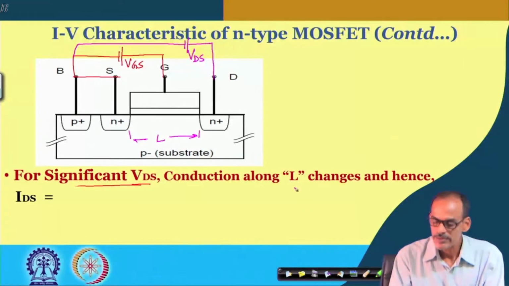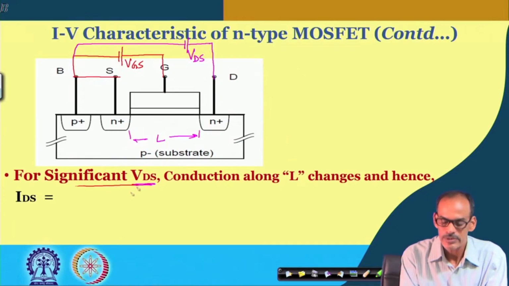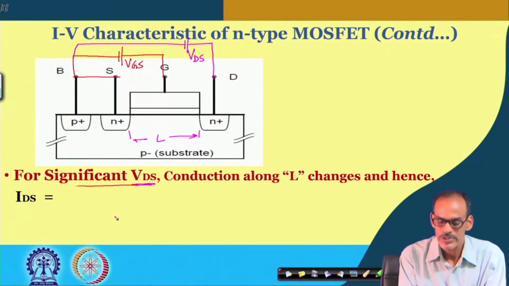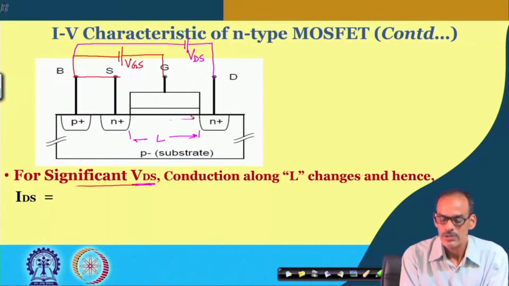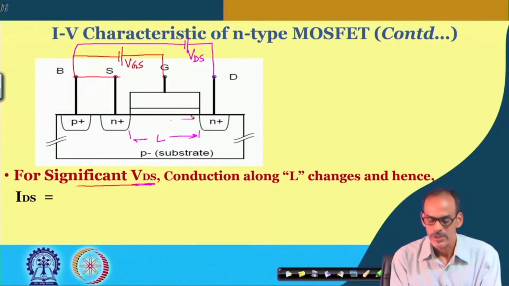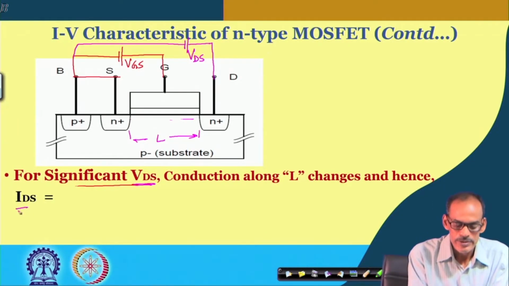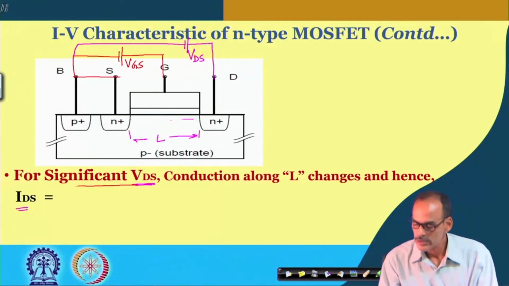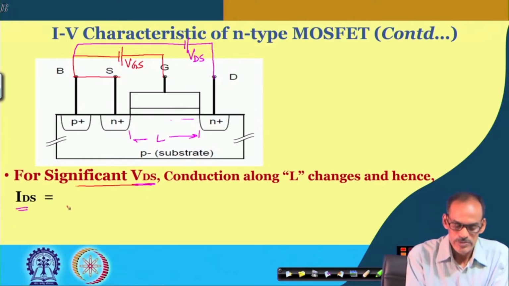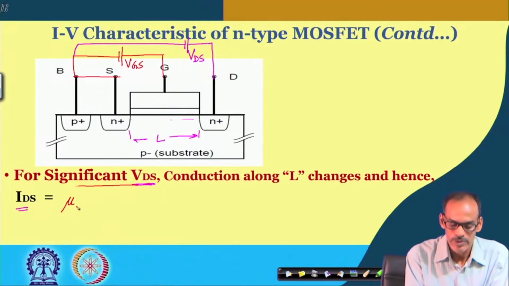And as I said, if the VDS is comparable with VGS minus VTH, then the conductivity along this length is changing. Hence, this IDS expression, as I said, needs to be changed compared to whatever we have derived before.